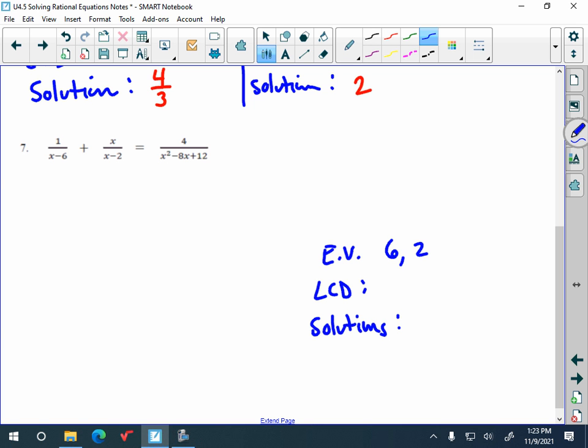Again, the x squared minus 8x plus 12 has to factor. So use your x method. 12 on top, negative 8 on the bottom. Need two numbers that multiply to positive 12, but add to negative 8. Negative 6, negative 2. All right, so again, we can see our excluded values are positive 6 and positive 2.